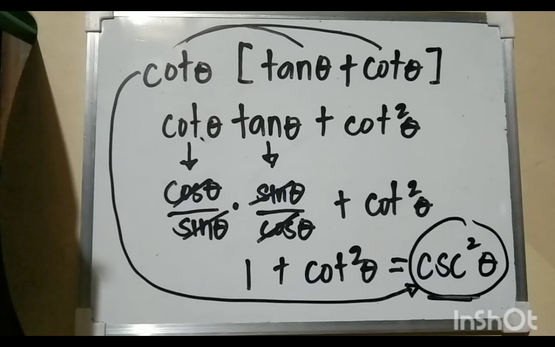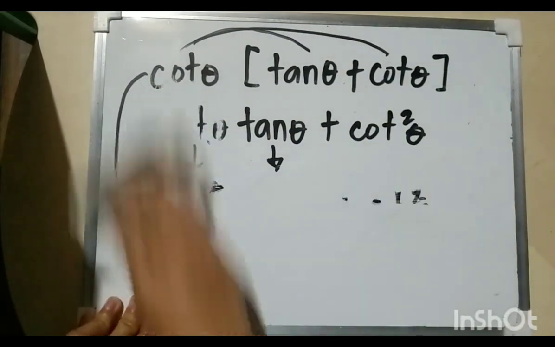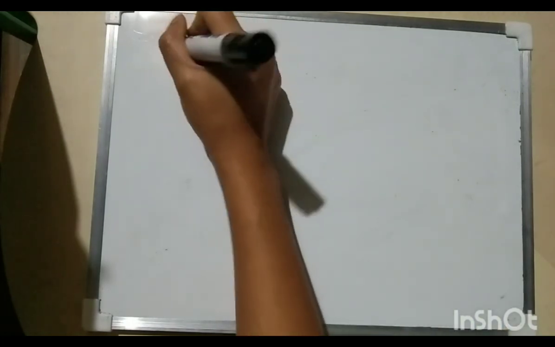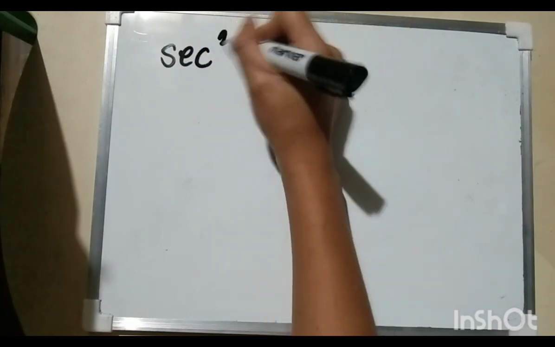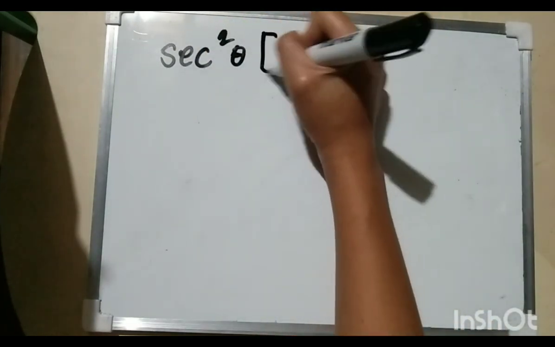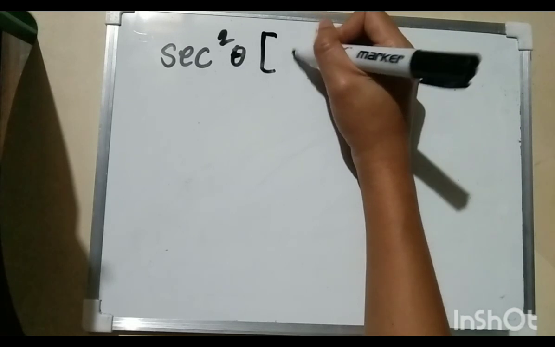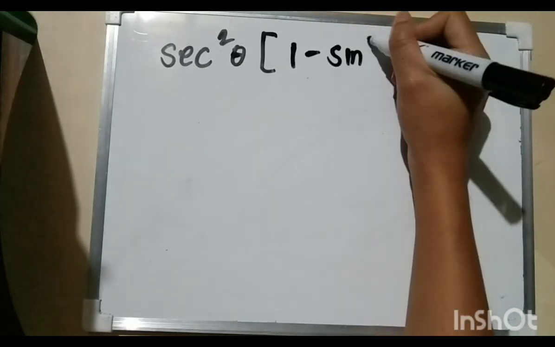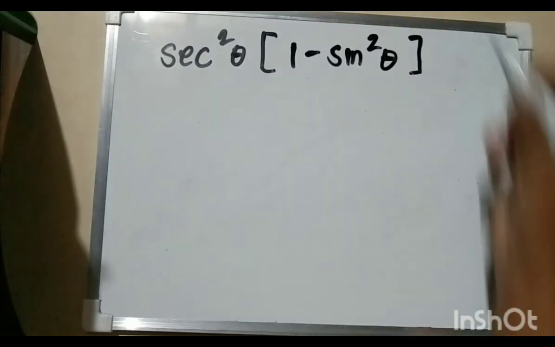Now for our last example, we have here secant squared theta times 1 minus sine squared theta.